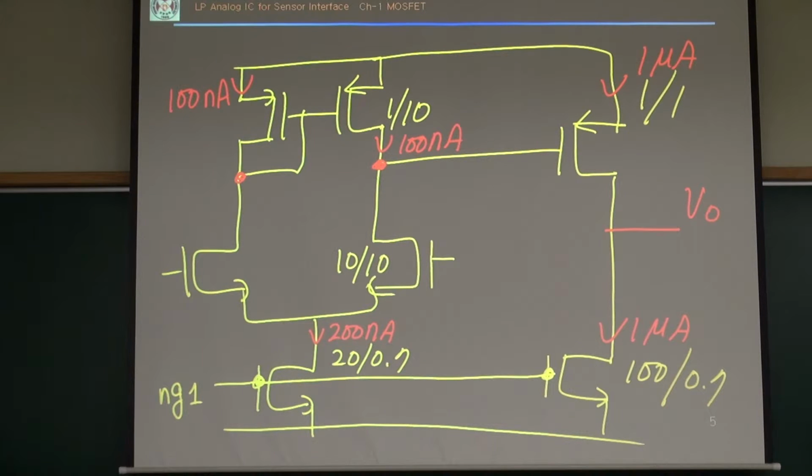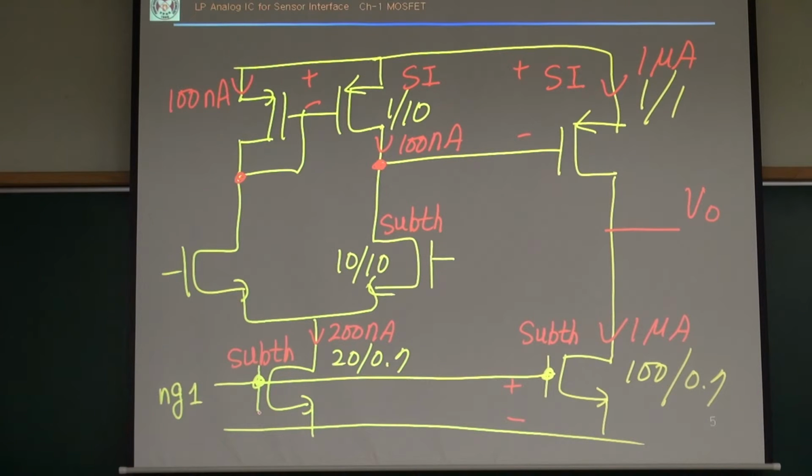This must work in strong inversion. So this also must work in strong inversion, because the gate-source voltages are the same by symmetry. Then these should work in subthreshold.